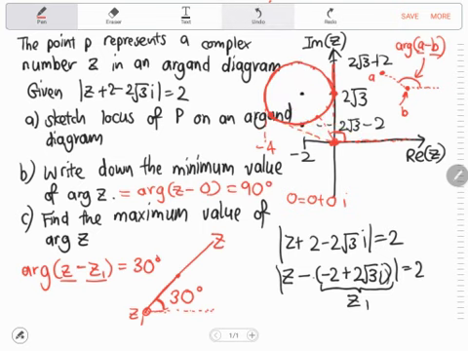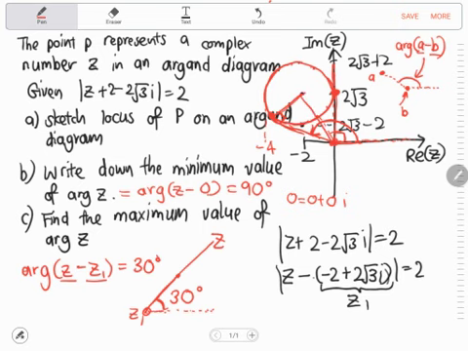Just now we found that the minimum angle is 90 degrees. Now the maximum angle is actually this angle. And how do we get the angle? We know that this is a tangent to the circle. Assuming this is the line that will give us the maximum angle, this must be a tangent to the circle, and we have the rule that every tangent to a circle makes 90 degrees with the radius of the circle.